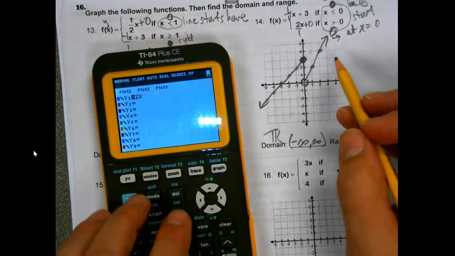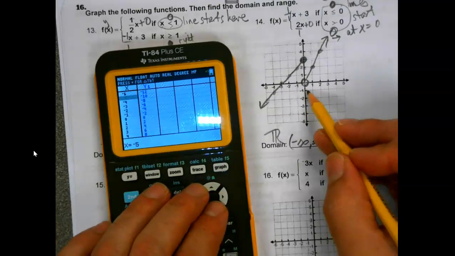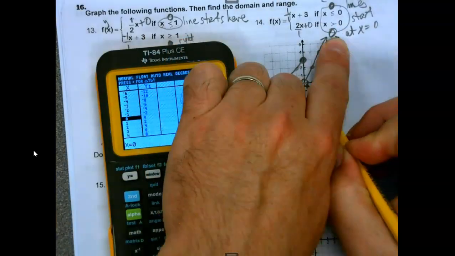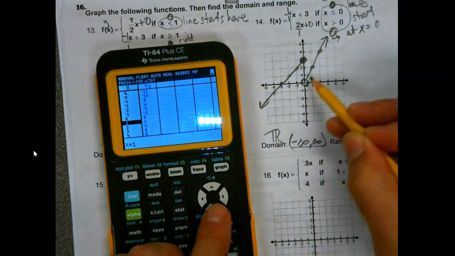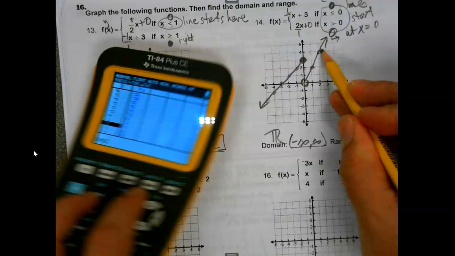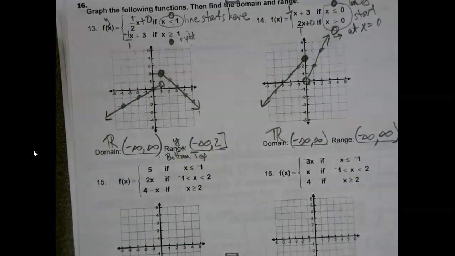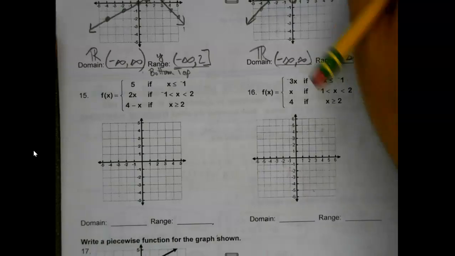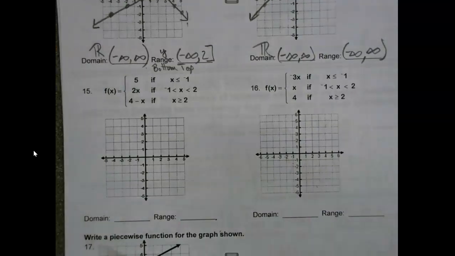If I need some help on the other one, I start at 0 again, 0, 0, there we go. Follow the arrow, we're going to the right, we're getting greater, 1, 2, 2, 4, and on, and on, and on. So, whether we're line graphing experts or not, really doesn't matter. It's just getting used to some of these.